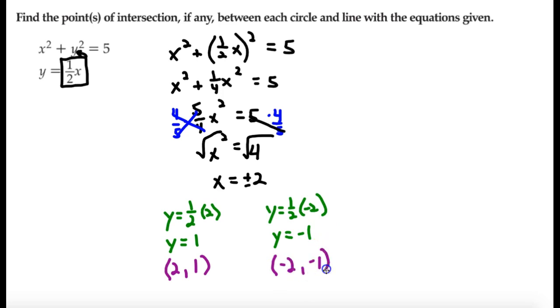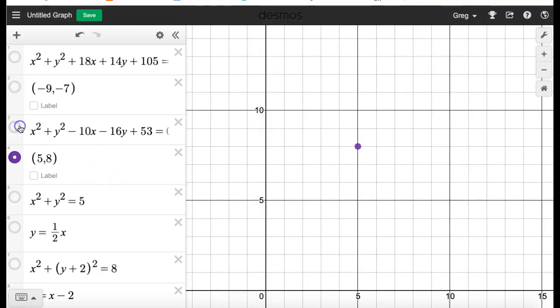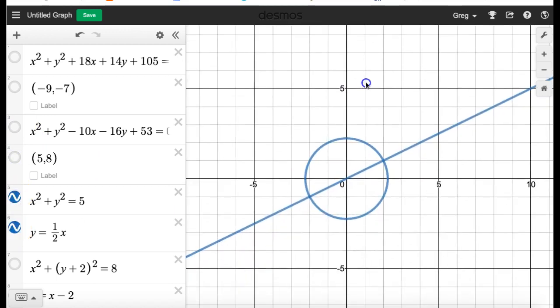So this circle and this line actually intersect twice at both of these points, at 2, 1 and -2, -1. And again, we can check our work using Desmos. If I just plug these two original equations in exactly as they are, and I've already got them typed in here, we'll get something like this.